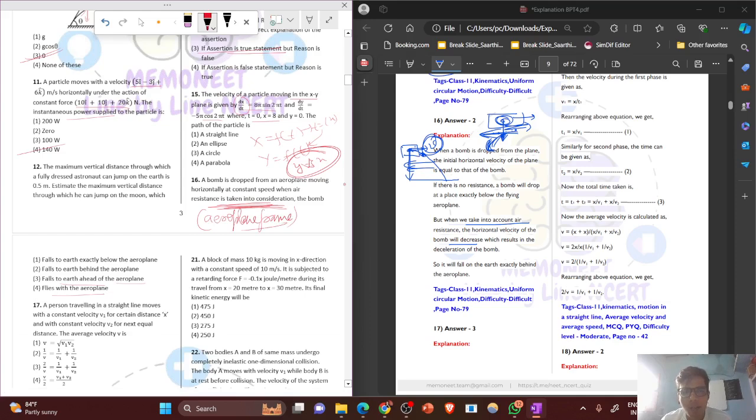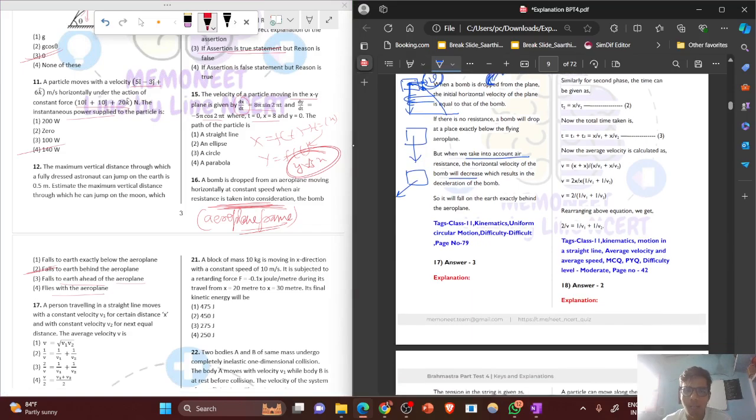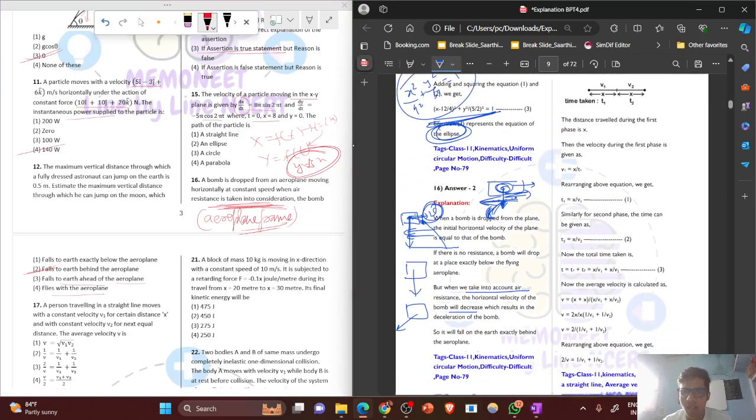From the aeroplane frame, the ball without air resistance just falls down, so with air resistance it falls lagging behind. So the second option is correct. But again, it depends on the frame of reference. So don't remember any answer, but be careful about this question.